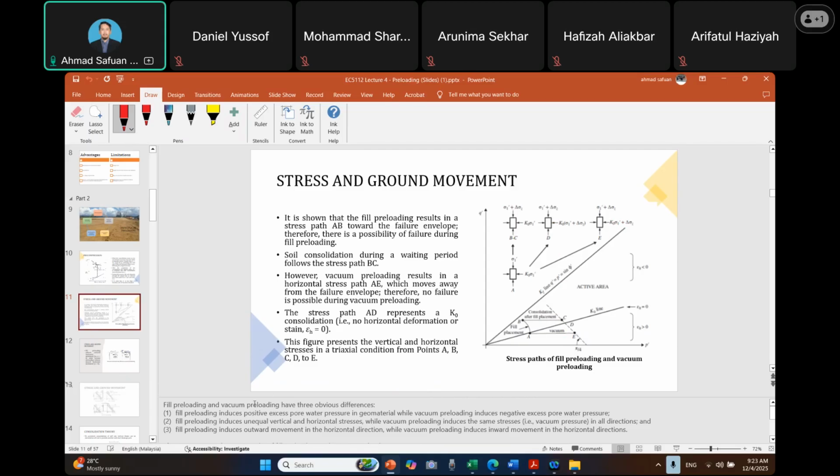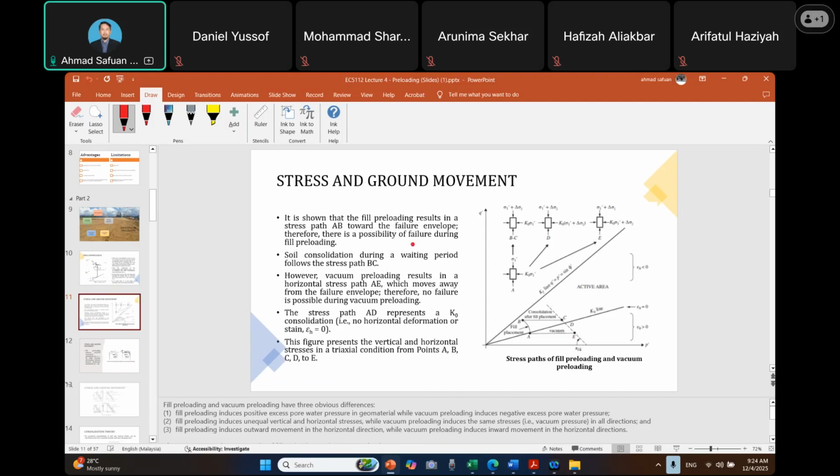Field preloading and vacuum preloading have three obvious differences. Field preloading induces positive excess pore water pressure in the ground, while vacuum preloading induces negative excess pore water pressure because we use vacuum. Field preloading induces unequal vertical and horizontal stress, while vacuum preloading induces the same vacuum pressure in all directions.